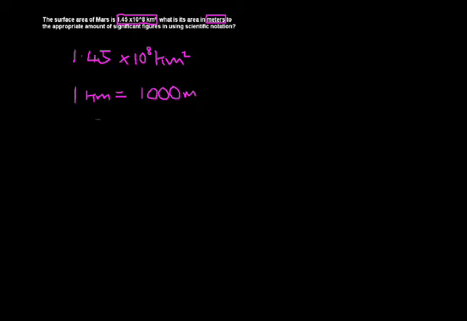So 1,000 meters, 1 kilometer equals, what's 1,000 meters in scientific notation? That's 1 times 10 to the 3 meters. So now we've got back to roughly where we were when we left off.